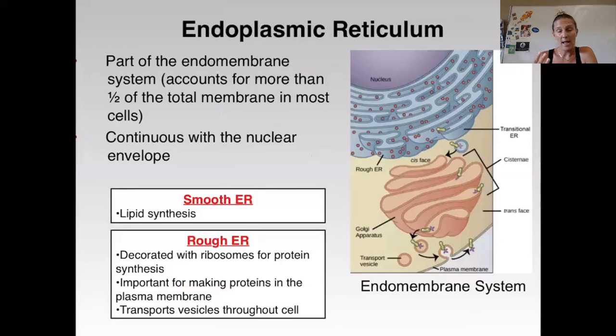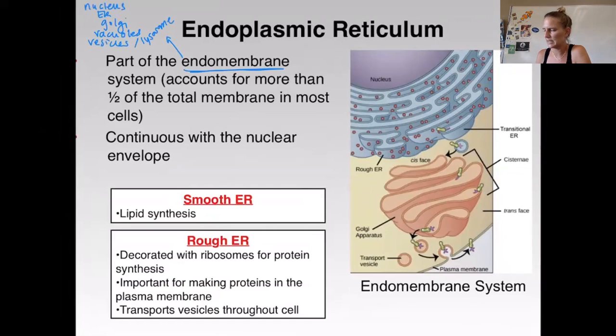So looking more at the endoplasmic reticulum, this is a part of the endomembrane system. Remember, the endomembrane system includes the nucleus, the ER, the Golgi, vacuoles, vesicles, and lysosomes. So this is all the kind of membrane compartments that can move throughout a cell.